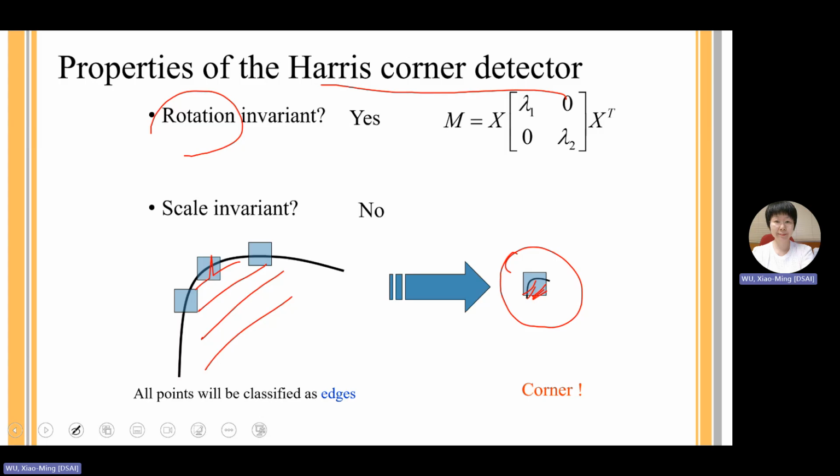Therefore, such a window size can only identify corners of a certain size. If you apply such a small window to identify a big corner, then you won't succeed, because due to the large scale of the corner, the window will look too small compared to the size of the corner.